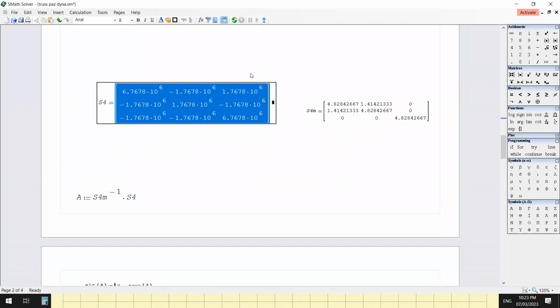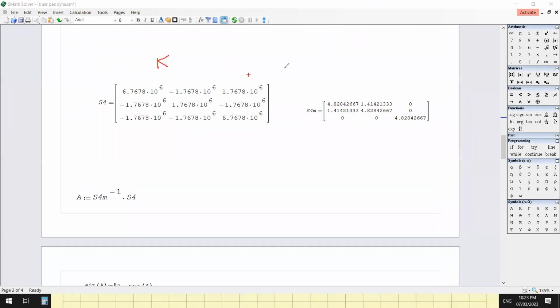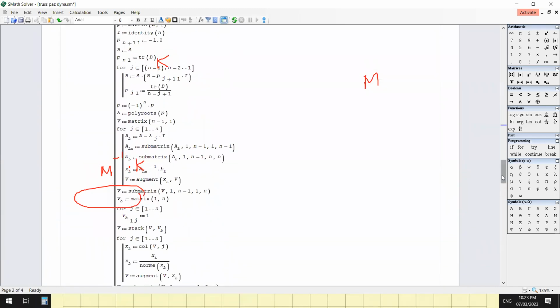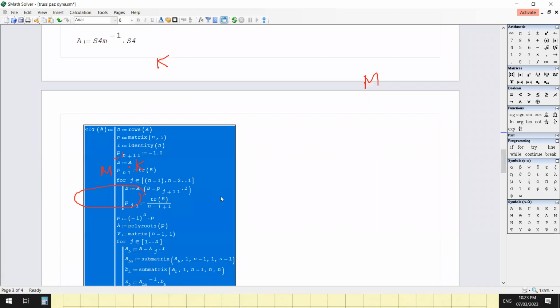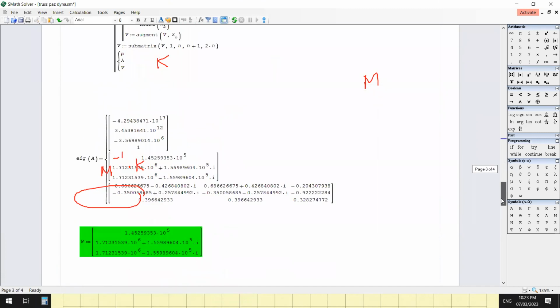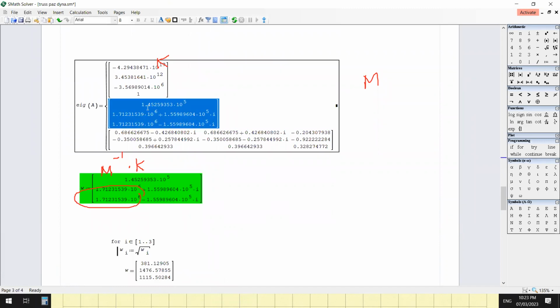So this is now our K matrix, and this is the mass matrix. Then I need to compute this, which is basically M inverse times K. Once computed, using the function we've been using since the MDOF problem, it will give you the omega square and the eigenvector, the mode shape.